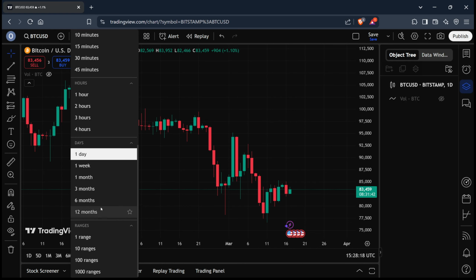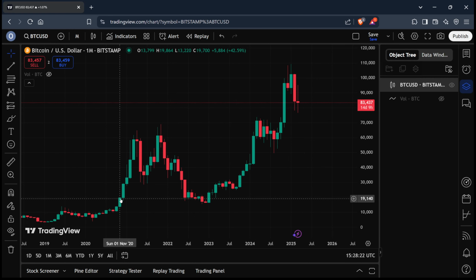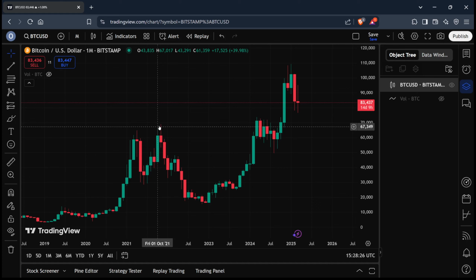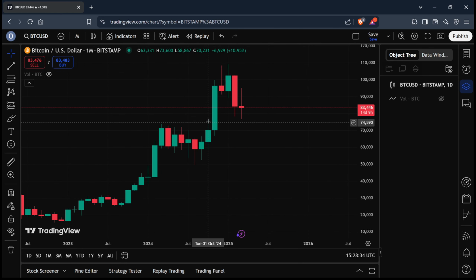So, we can go from 1 day to 1 month if we want. So this is 1 month. See, this was the bull run back in 2020, 2021. If everybody remembers, this was a double top pattern before the big dump. These are all monthly candles, so if we look right here on the bottom, it says Friday, November 2024.